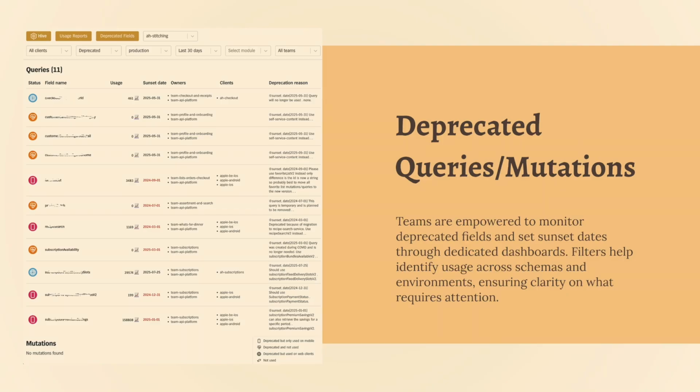Besides that, we also use the sunset date. Sunset date is something you can set in the queries to make sure that after this period of time, teams are obliged to clean up their data.